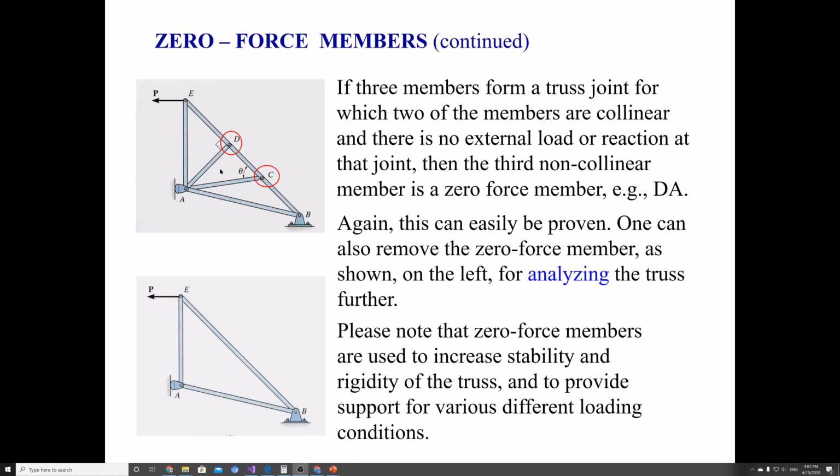This thing is on a pin support, and this is on a pin support. This thing could pivot back and forth. If you think about it for a minute, there are no external forces here, so all of this force is acting straight along this line all the way down. It's collinear. So there's no force acting from this point to this point, from this point to this point.